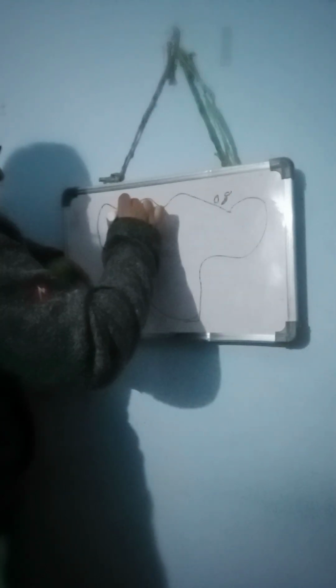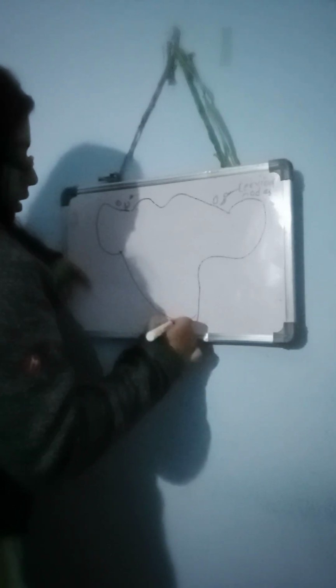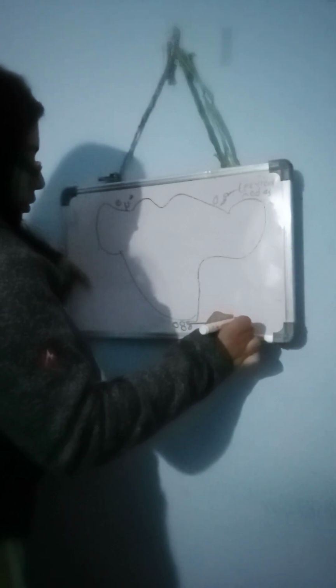Now coming to the lymphatic drainage. For the lymphatic drainage, we can simply draw the figure. Anything which is present up is generally referred to as cervical. So these are the cervical lymph nodes, and towards the tip of the tongue or towards the mandibular region, we have the submental nodes.